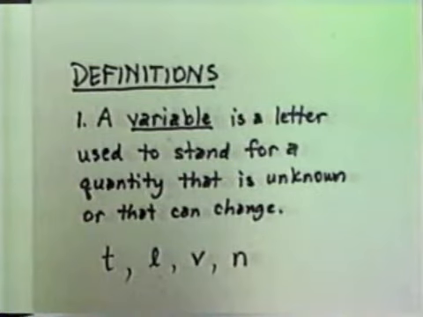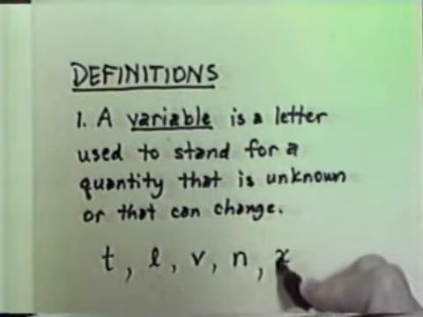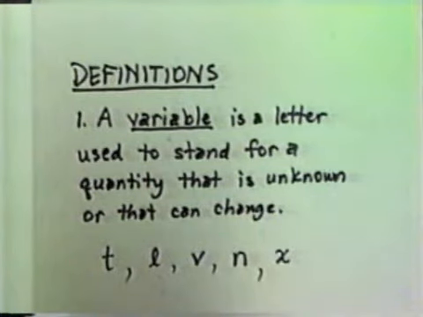When there's no particular reason to choose one letter over another, the all-time favorite choice is the letter X. The letter X is chosen because X does not begin very many words in the English language, and it is less confusing to use the letter X than many of the other letters.